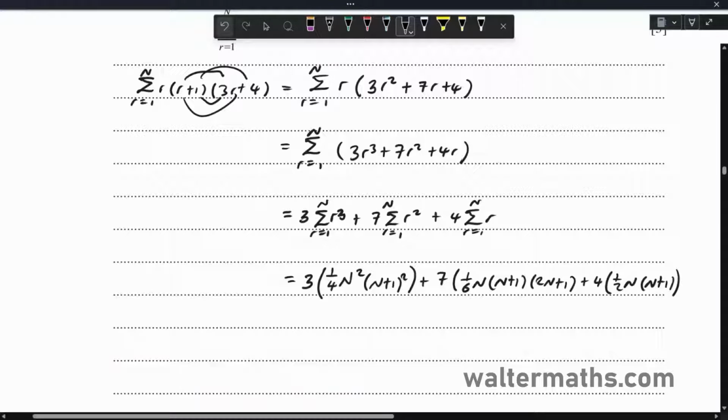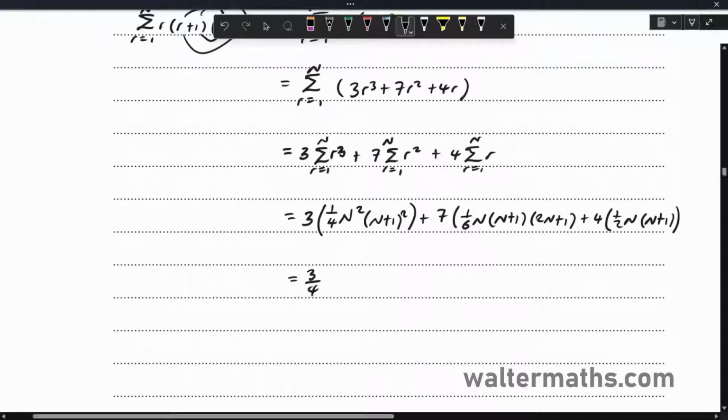Alright, so we have here 3/4 of n squared of n plus 1 squared plus 7 over 6 of n plus 1 of 2n plus 1 plus 2n of n plus 1.